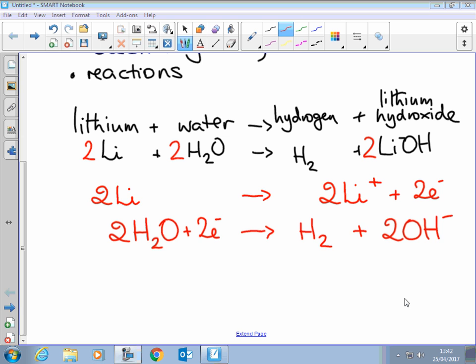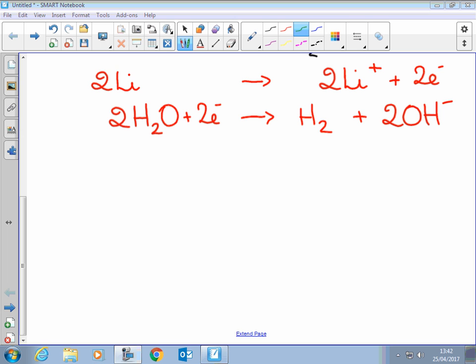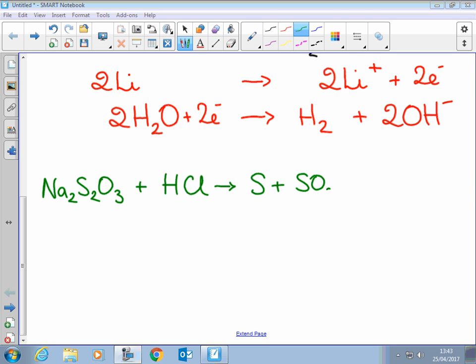Now, I'm going to attempt to write that equation without referring to anything, which is probably a little bit risky. It was Na2S2O3, wasn't it? And the hydrochloric acid I can do, and then we had sulfur and sulfur dioxide and water and sodium chloride, I think, mops it all up.